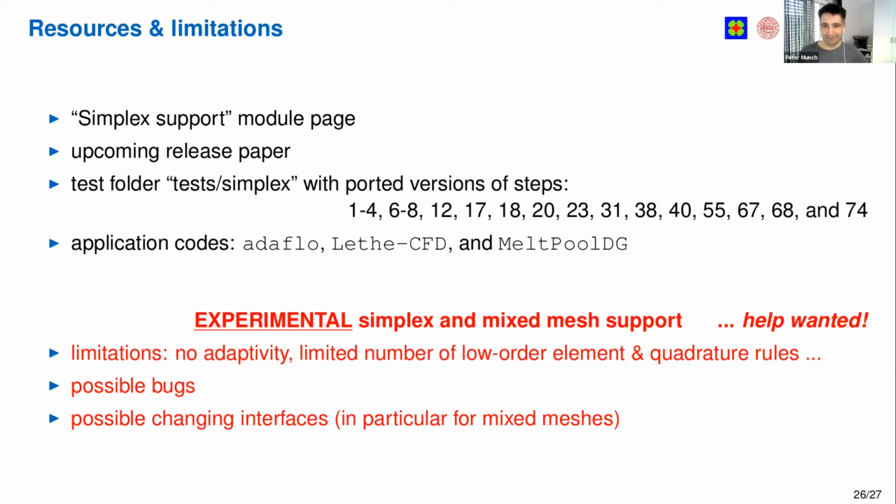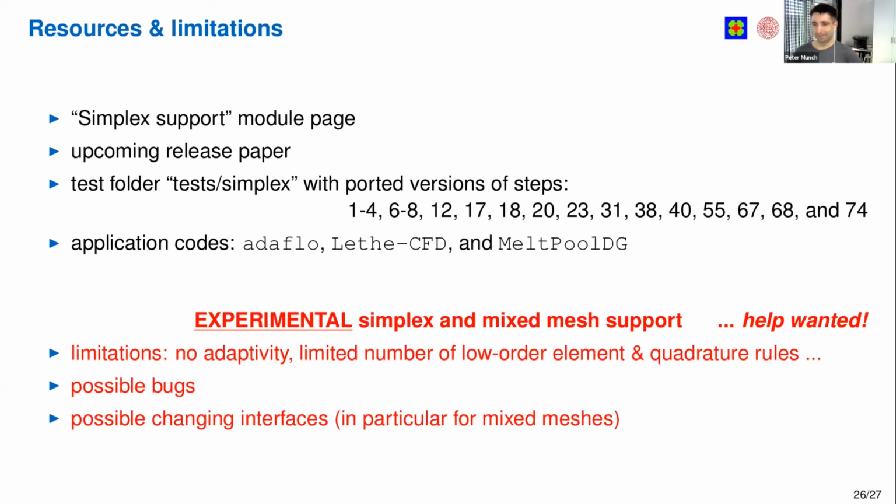Also, of course, a lot of code has been written newly, so there's a high chance that there are still bugs in it. And there's still the possibility that the interfaces will change. It very much depends on your feedback, on how well the mixed mesh approach is received by you, for example.